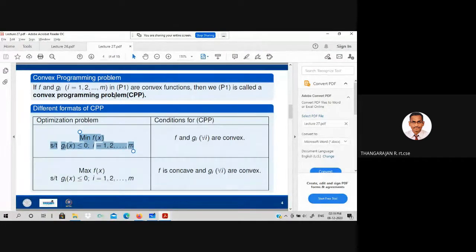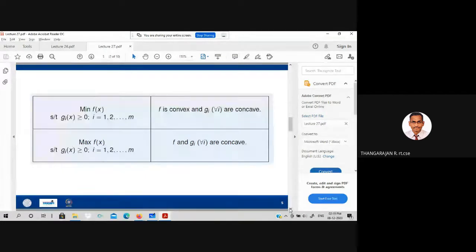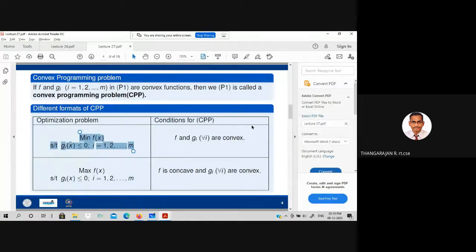Okay. Now coming to the next thing. Here you are trying to maximize, not minimize. But you see that g of x is still less than or equal to 0, and in that case this will be a convex programming problem, provided f is concave.